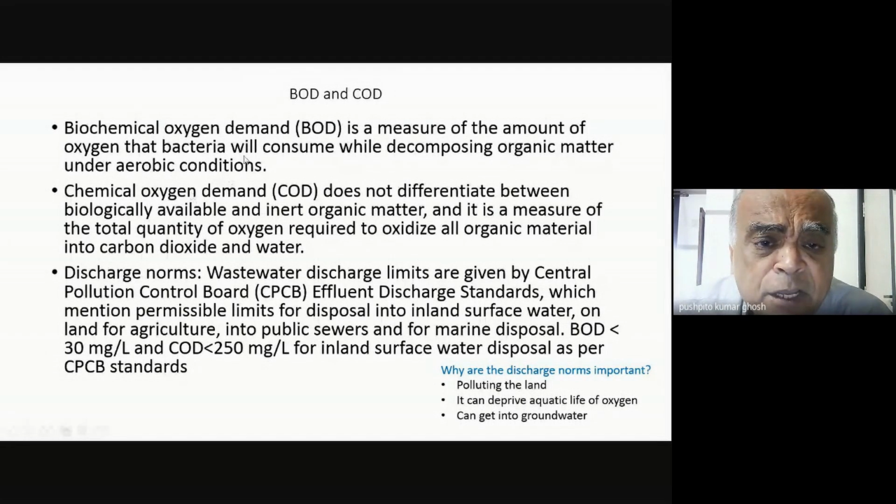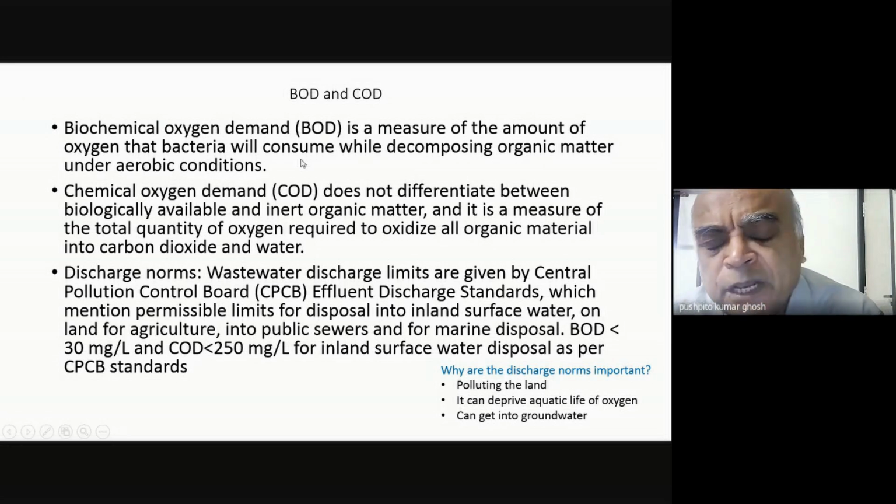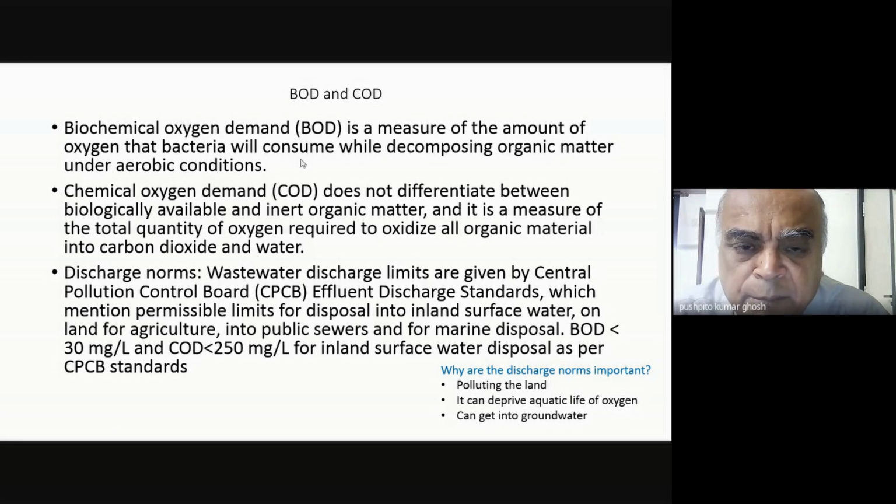Now, chemical oxygen demand does not differentiate between things which can only be biochemically oxidized, or between things which are non-biodegradable and can be oxidized. So it is in that way a completely non-selective process.